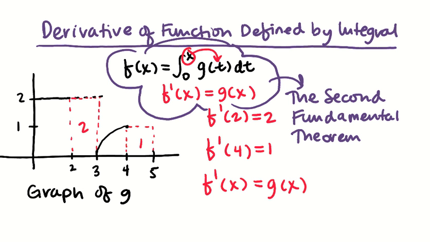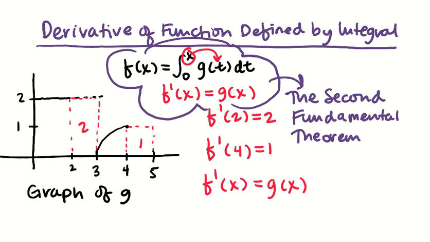So they're really saying the same thing, that there's this reciprocal relationship, this inverse relationship between differentiation and integration. The relationship between the two is really the core concept that we are studying in this course. So I think now it's time for us to maybe consider some actual examples.